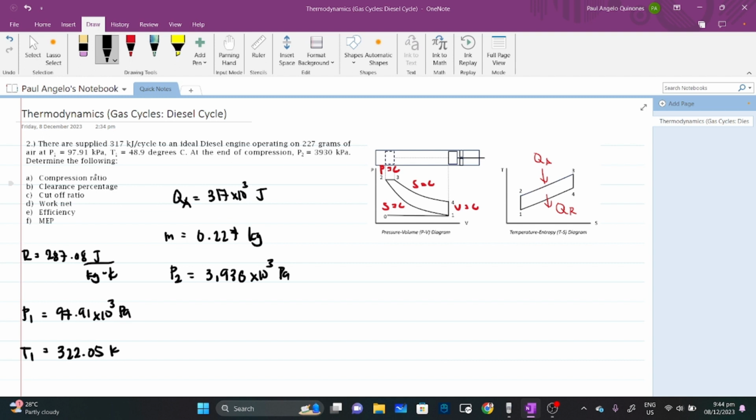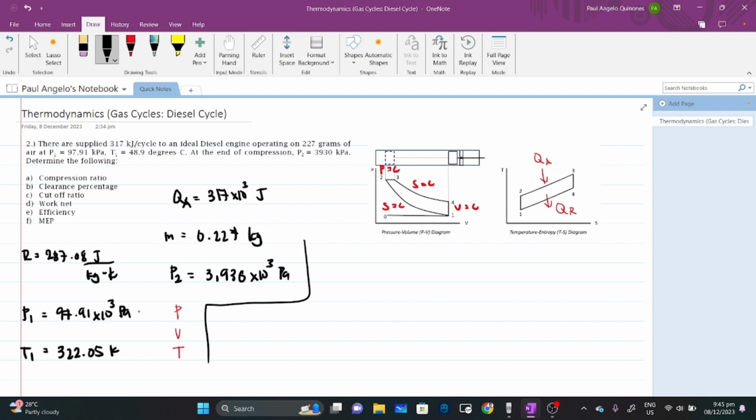We are asked to determine several factors, but for your convenience, let's try to solve P, V, and T in all the points of the cycle. So we will solve P1, P2, P3, P4, as well as V1, V2, V4, etc. Let's start at point number 1.